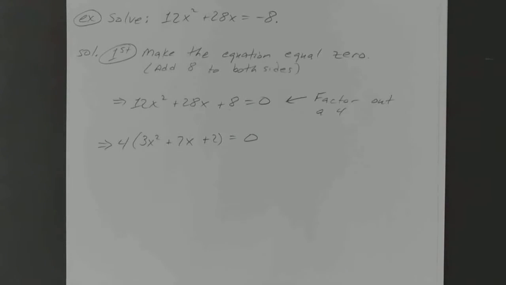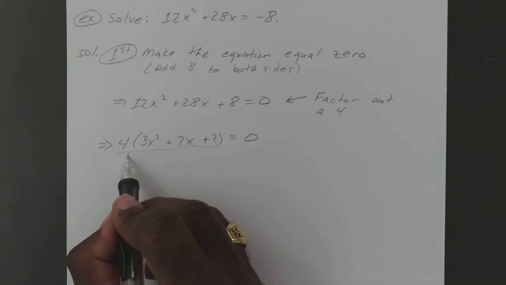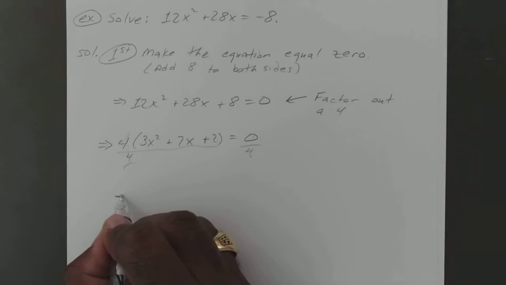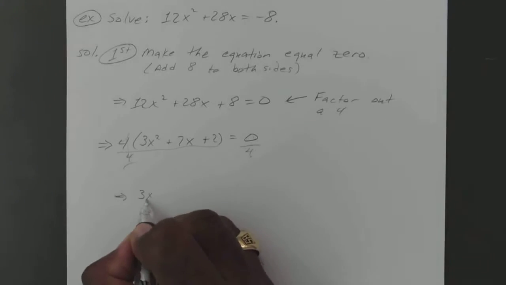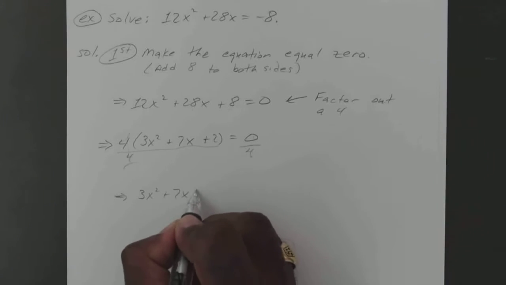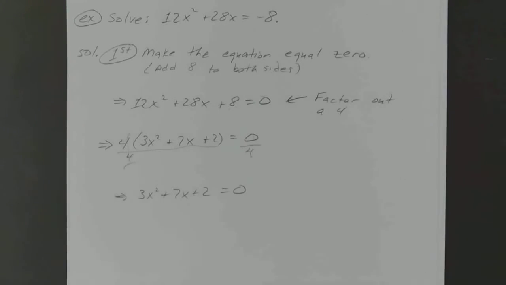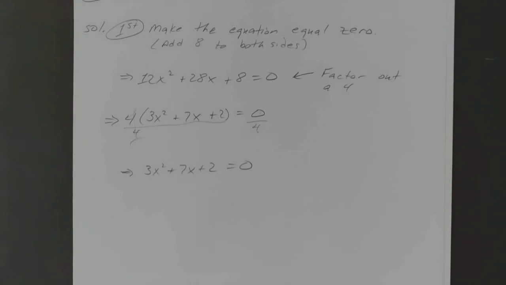And the reason why you want to factor out that number is because now if you divide both sides by 4, that becomes 1, and 0 divided by anything is just 0, so now we just have to worry about 3x squared plus 7x plus 2 equals 0. Which is a lot easier to work with than that one.